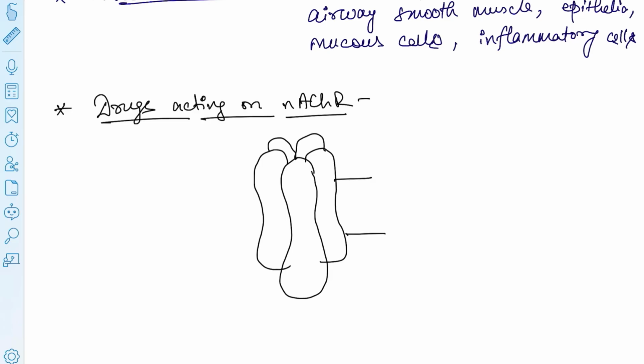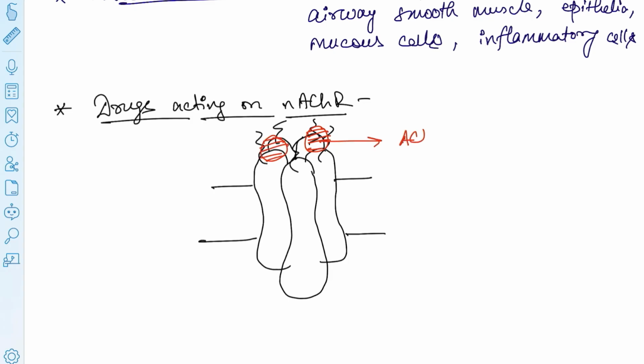This is the typical pentameric structure of nicotinic acetylcholine receptors, right? And it has an extracellular N-terminal where the agonist binds. As I have discussed, the binding site of acetylcholine and nicotine is in between the alpha and gamma, or alpha and delta, or alpha and epsilon subunits. So nicotine or acetylcholine binds in this particular extracellular region.